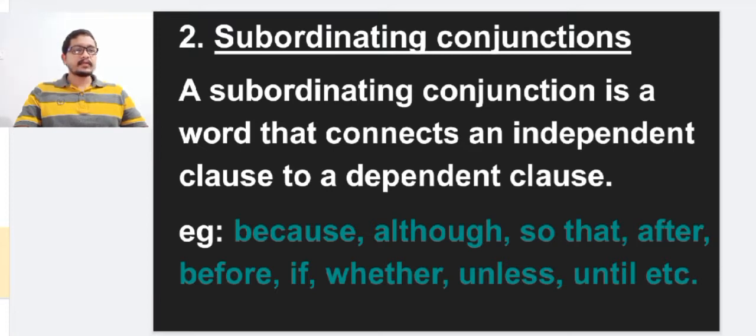But a dependent clause cannot stand by itself and cannot give a proper sense. So it is always dependent. That's why it is called a dependent clause, or a subordinating clause. To support it, we use subordinating conjunctions, such as because, although, so that, after, before, if, whether, unless, until, etc.